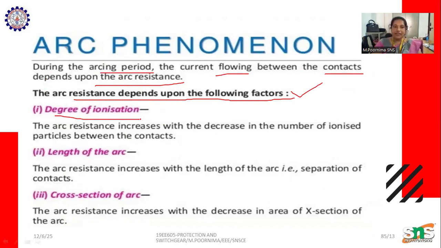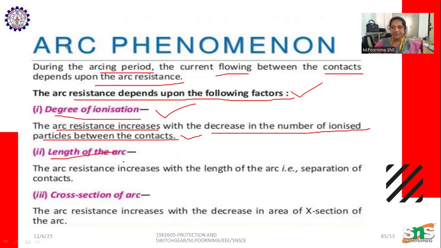The first one is the degree of ionization. The arc resistance increases with the decrease in the number of ionized particles between the contactors. Next is the length of the arc.